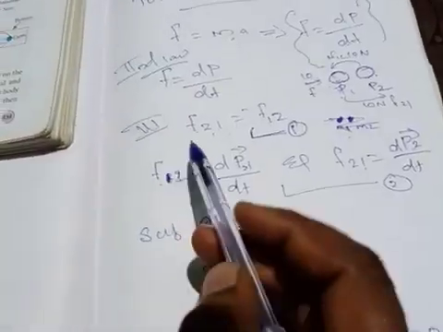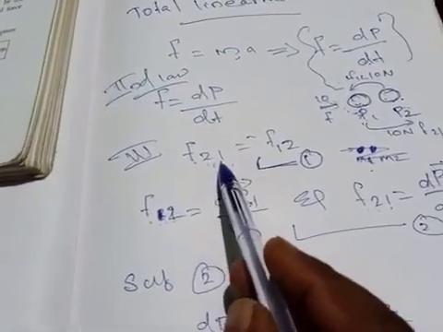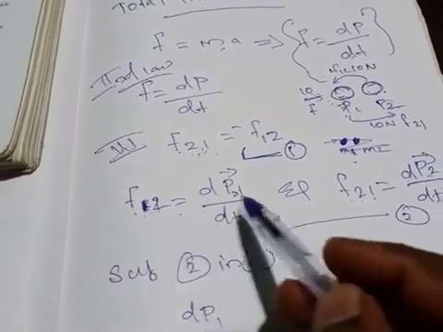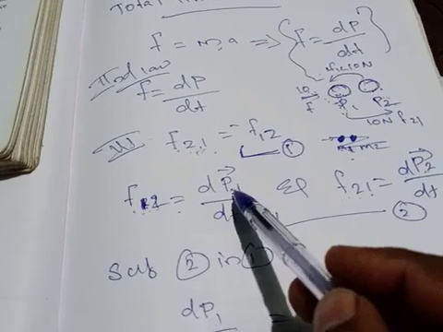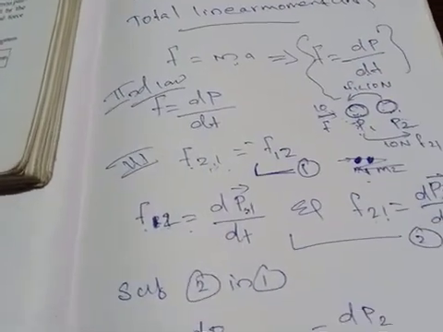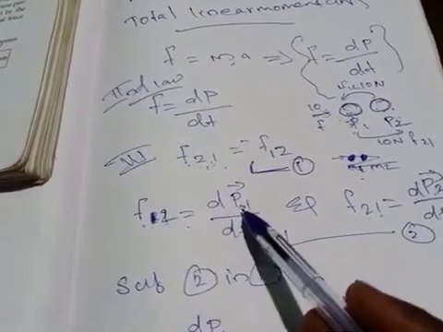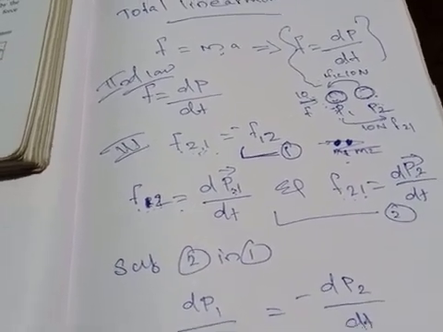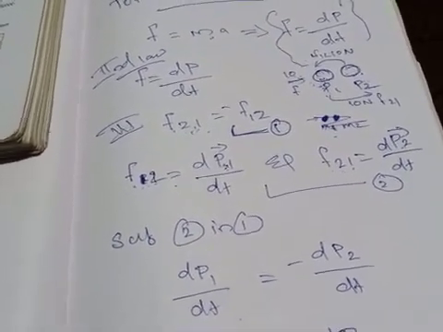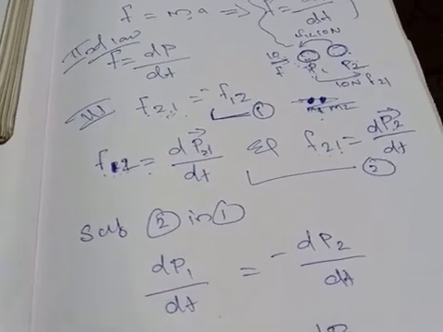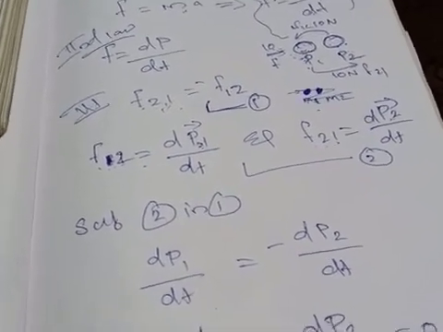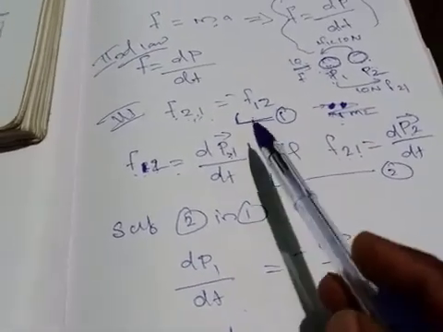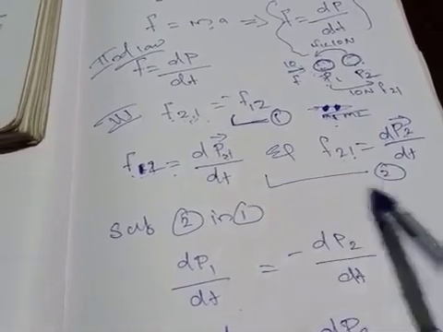So here again you see, we are taking Newton's third law and we are using Newton's second law, by using the momentum equation. Here p1 and p2 are the momenta of particles 1 and 2, changing due to the forces F12 and F21. So you can take this as equation 1 and this as equation 2.